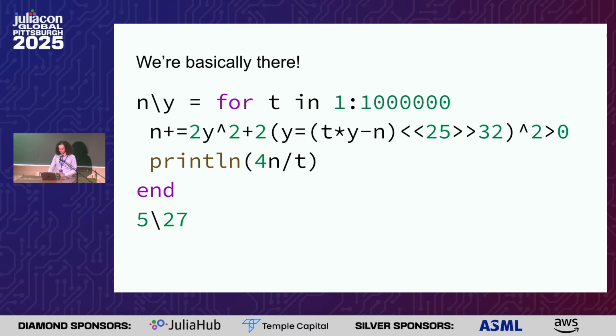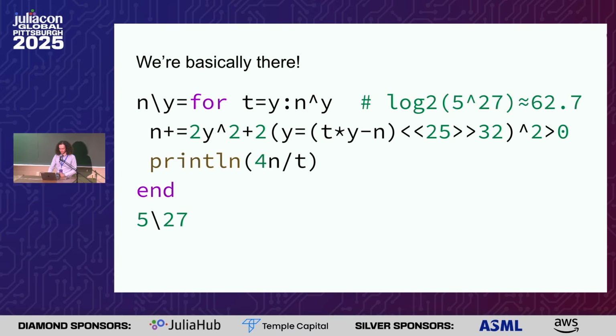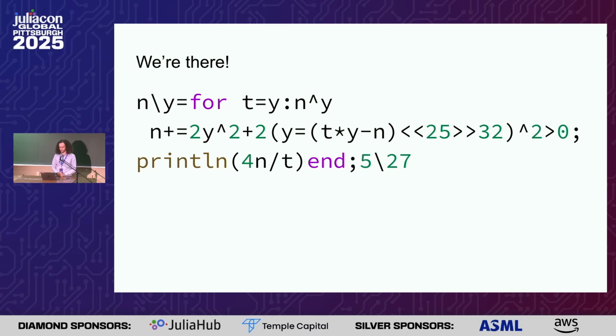So rather than t up to a big number, we do t up to n to the y, which is a big number, and it's shorter. And then the only thing we have to do is mess around with the white space a little bit, and we're there. So we have this backslash function that initializes n and y to 5 and 27.